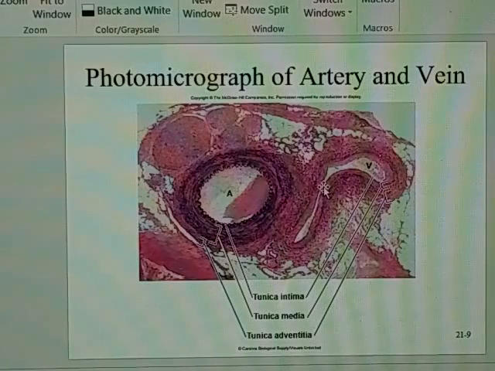And veins are going to depend on skeletal muscle contraction to move the blood through those vessels.